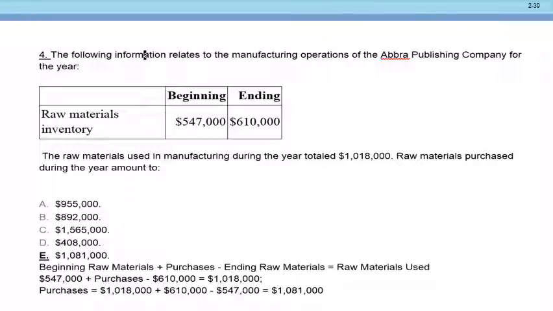Now the way I do these is I go ahead and I come up with a subtotal.